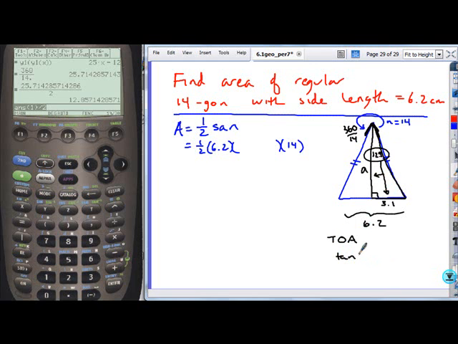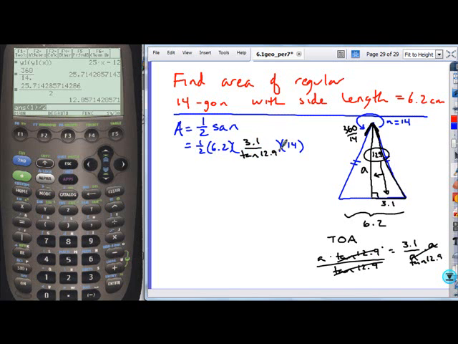So we know that the tangent of this angle 12.9 has to equal opposite 3.1 over adjacent A. Solve for A, so we can do that by multiplying both sides by A to get the A out of the denominator, and then isolate the A completely by dividing by the tangent of this angle measure, about 12.9. Those cancel, and so here we get our answer, 3.1 over the tangent of 12.9.